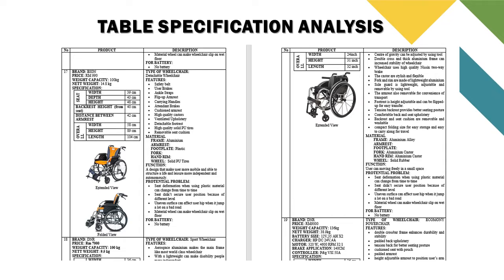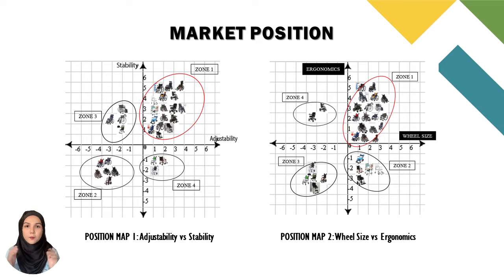Table specification analysis helps to clearly understand the product and be more detailed about product features and functions from the existing products, and to compare between them.